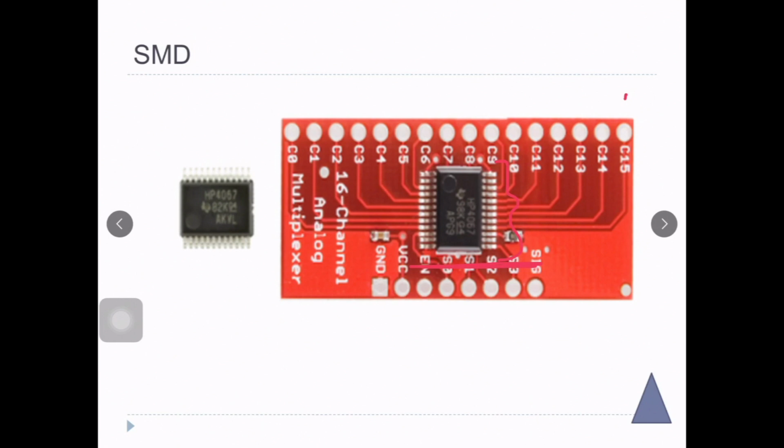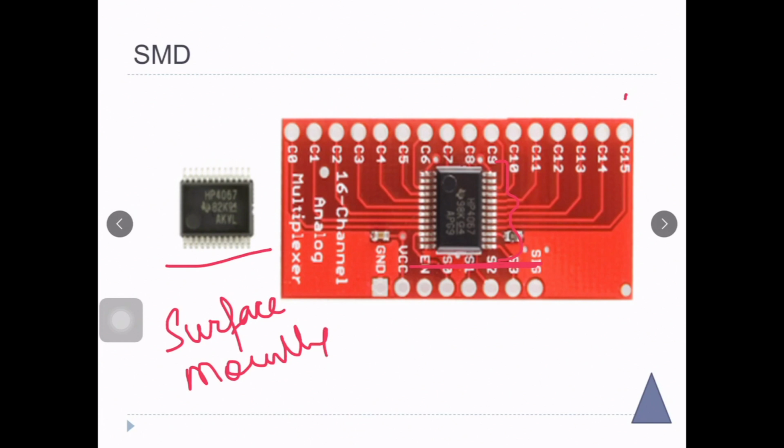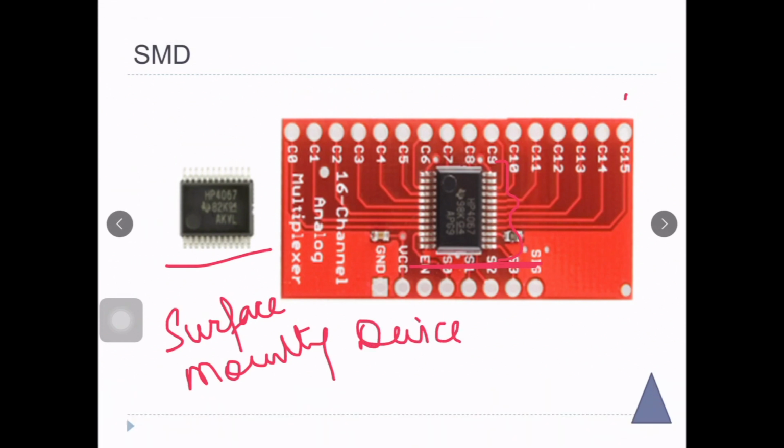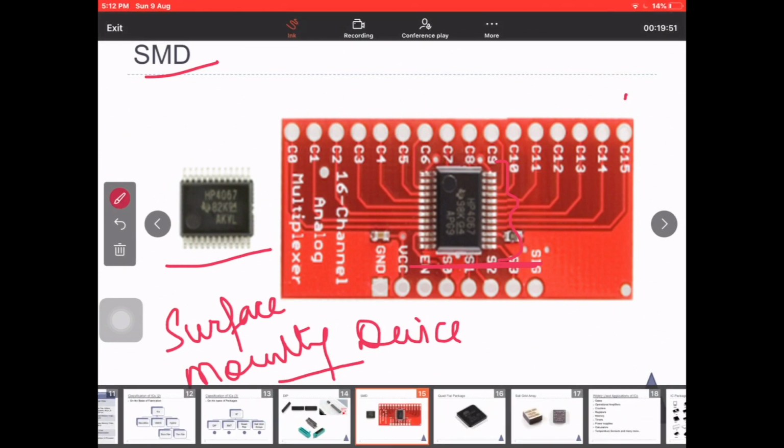They are not going through the hole to the other side. So this is surface mounting. This is called a surface mounting device, SMD, and the technology is called SMT, surface mounting technology.